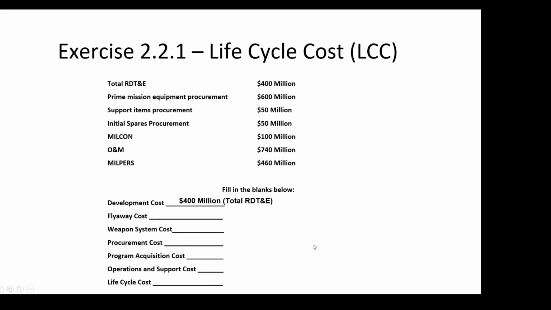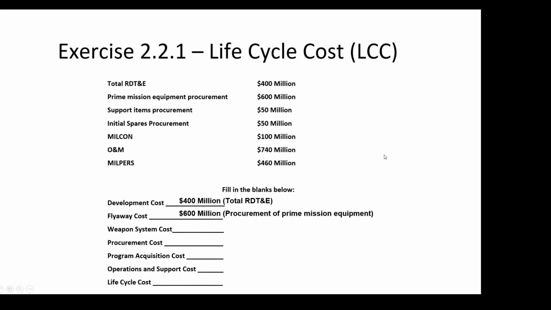Flyaway cost. So I have to know the definition of flyaway. Flyaway cost is procurement of my prime equipment, so prime mission equipment procurement. And trust me, it's not going to be this easy on the test. You're going to have to sift through all of it to pull out the information. But the key word you're looking for is prime equipment: 600 million.